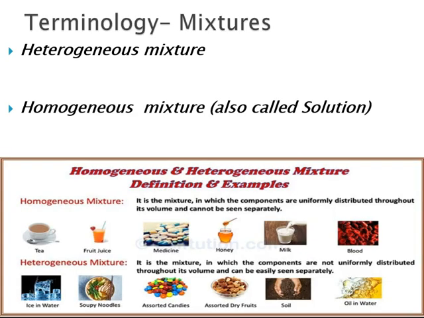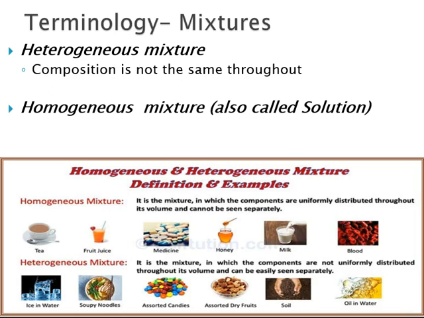Mixtures, on the other hand, are not pure substances. Mixtures can either be heterogeneous or homogeneous. A heterogeneous mixture means the composition is not the same throughout. That's what the prefix hetero means. It means different, not the same.